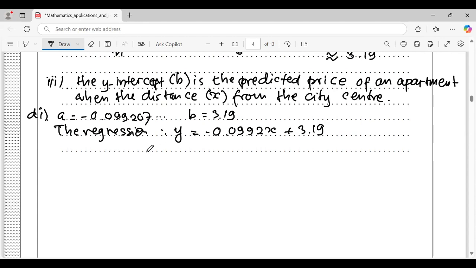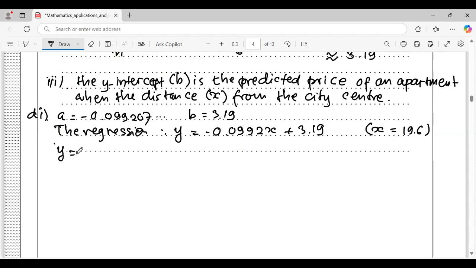Next, now substitute, according to the information, x equal 19.6 into this equation.